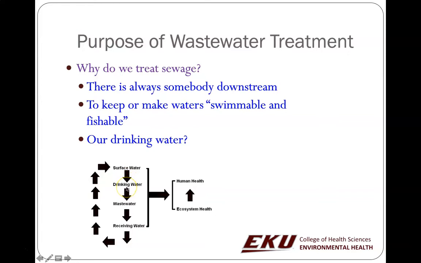That impacts our drinking water, and then our drinking water ultimately gets used and becomes part of our wastewater stream. As it's discharged as effluent into a river or a lake, hopefully or usually a flowing body of water like a creek or a river, that river is called the receiving water. The receiving water is somebody else's surface water after you get away from the effluent point.